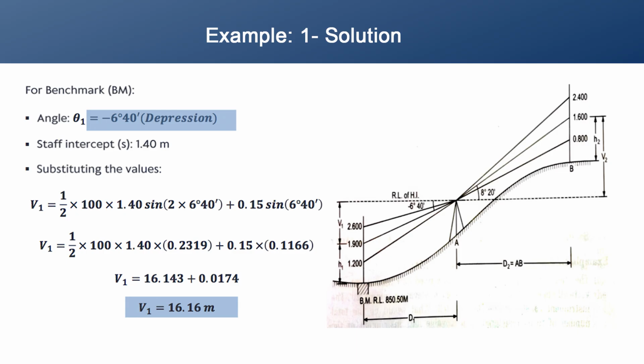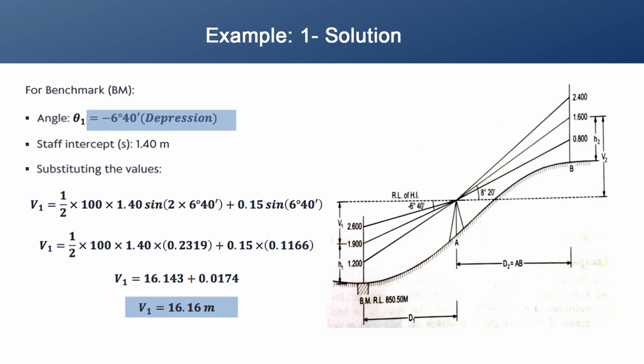Substituting the values, we get V1 is equal to half into 100 into 1.40 sin 2 into 6 degree 40 minutes plus 0.15 sin 6 degree 40 minutes, which gives V1 is equal to half into 100 into 1.40 into 0.2319 plus 0.15 into 0.1166.